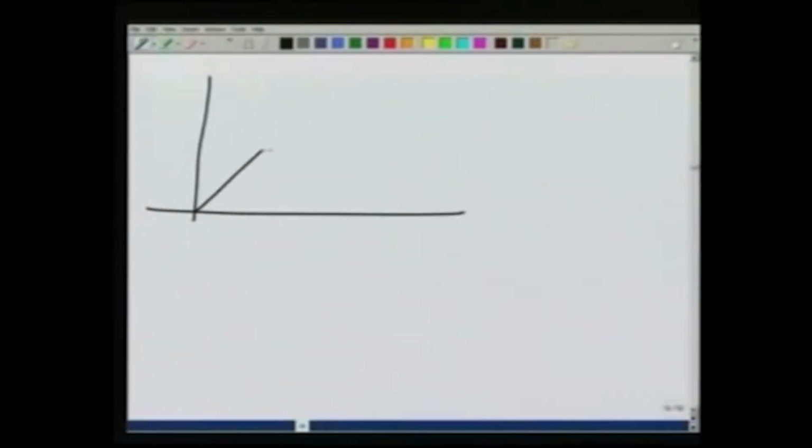Here is the handle of the gear, this is the gear head, this is 60 centimeters or 0.6 meters, 45 degrees, this is 0.3 meters and this is also 0.3 meters, and the force out here is minus 5I plus 5J minus 2K.